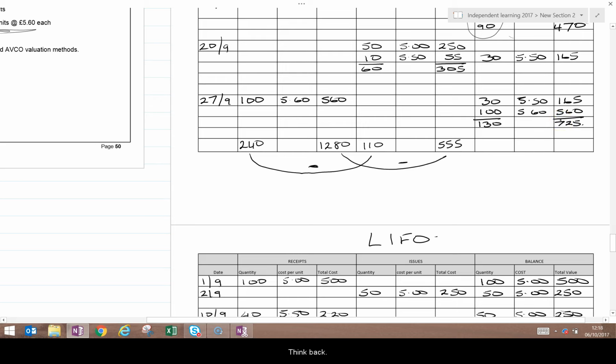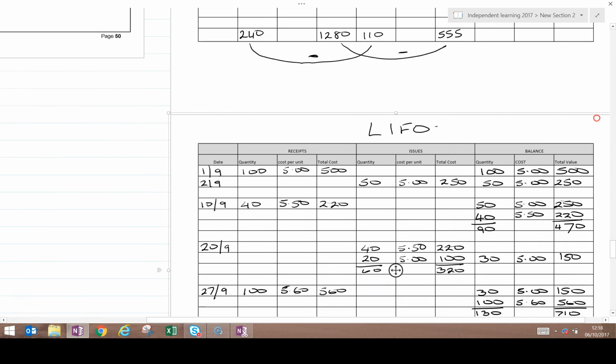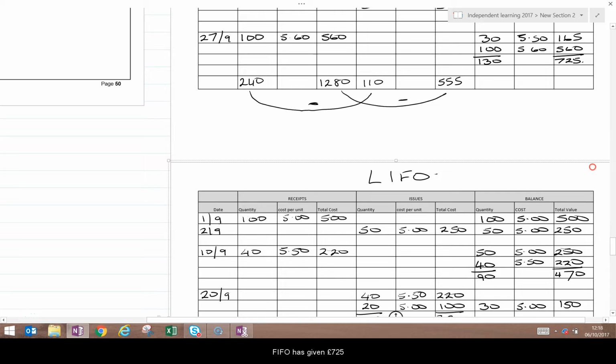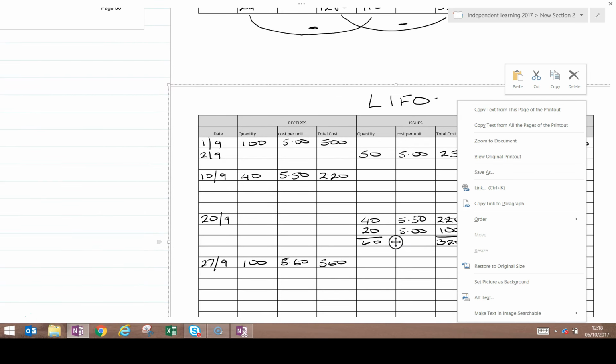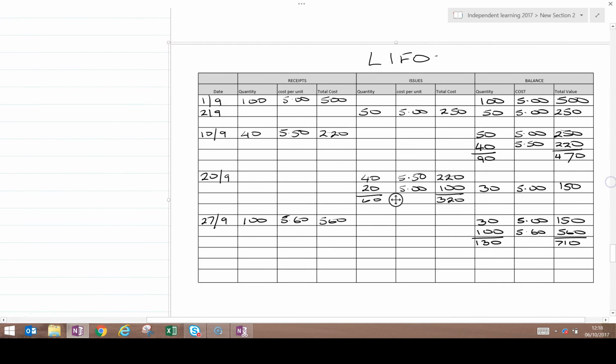And if you think back to what we've talked about, in times of rising prices, Fifo gives us the highest stock valuation, Lifo gives us the lowest, with Avco coming in the middle. So we can see Fifo has given us 725, so that's definitely the highest. Lifo 710, so we'd expect when we do the Avco valuation that it will fall between those two.